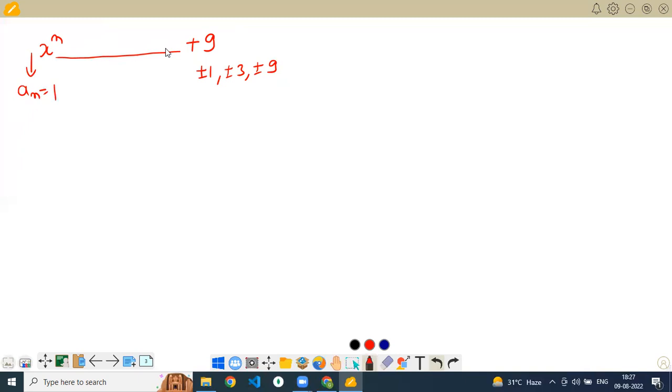If you want to try what the roots of this equation are, you should only try plus minus 1, plus minus 3 and plus minus 9. We should not try plus minus 2, plus minus 4, plus minus 5. We have already eliminated all these numbers, so they cannot be the root of this equation. So this helps us find out, if integral solutions are there, what integers can be the root of this equation, and then we verify it.